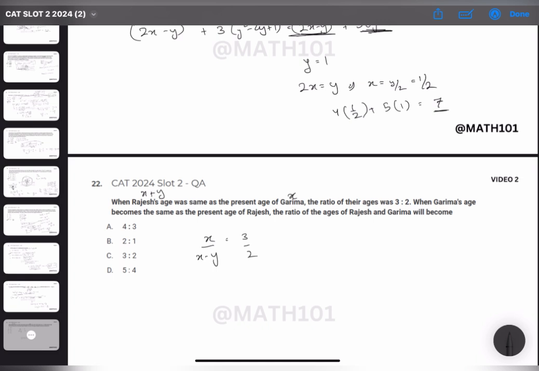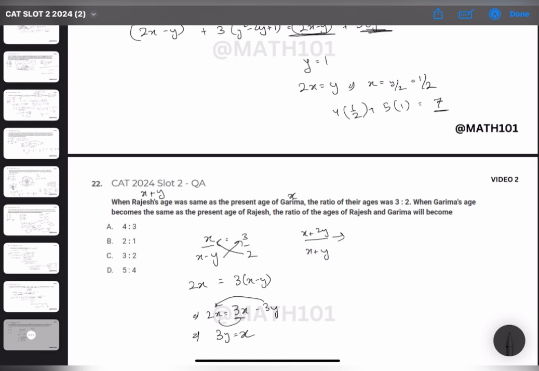When Garima's age becomes the same as present age of Rajesh, so Garima's age is x plus y, which is y years from now. So Rajesh's age would be x plus 2y. The ratio of their ages would be, so 2x to 3 times x minus y, which implies that 2x equals to 3x minus 3y, which implies this goes here, this comes here, 3y equals to x.